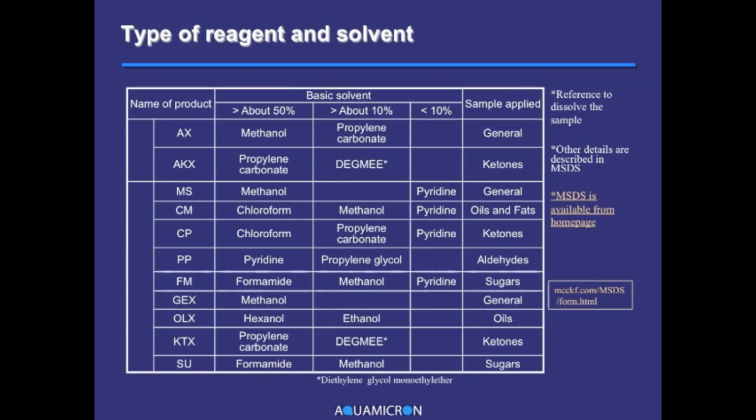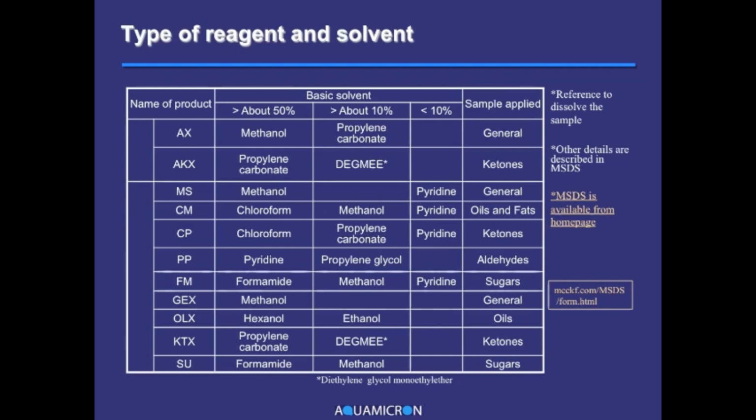Now, I would like to describe the main constituents, or chemical compounds, of AQUAMICRON and the corresponding regulations due to their physicochemical properties. This table shows almost all the organic solvents such as methanol, propylene carbonate, diethylene glycol monoethyl ether, chloroform, pyridine, and others.